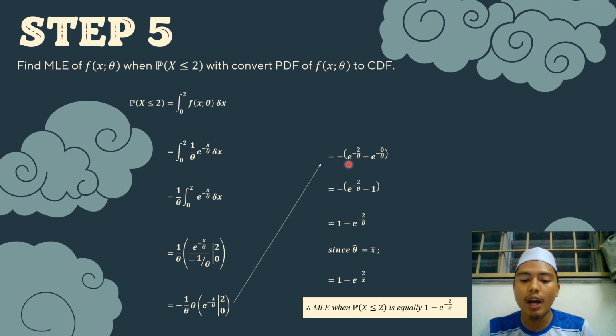So we get 1 minus exponent power of negative 2 over mean of x. Hence, the MLE when the probability of x is at most 2 is 1 minus exponent power of negative 2 over mean of x.